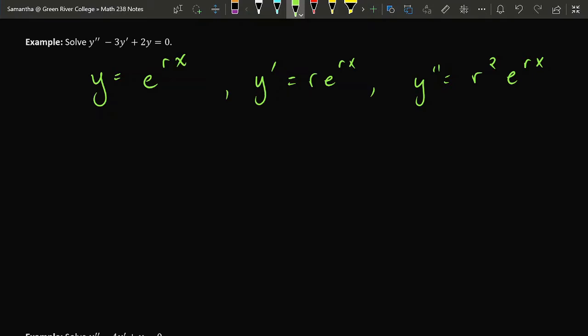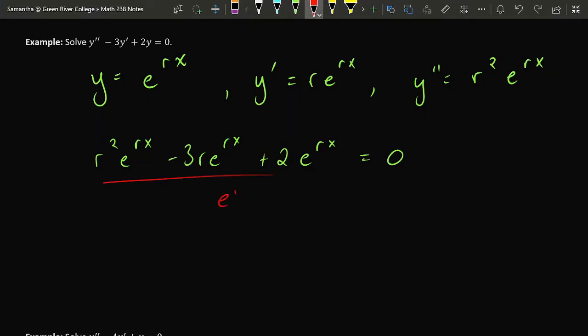And if I plug that into the equation, I get r squared e to the rx minus 3r e to the rx plus 2 e to the rx. Now notice that all 3 terms contain an e to the rx. And since that can never be equal to 0, it can be divided out, leaving me with just the polynomial r squared minus 3r plus 2 equals 0.